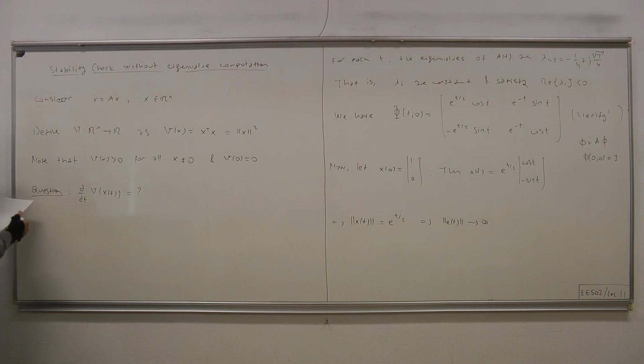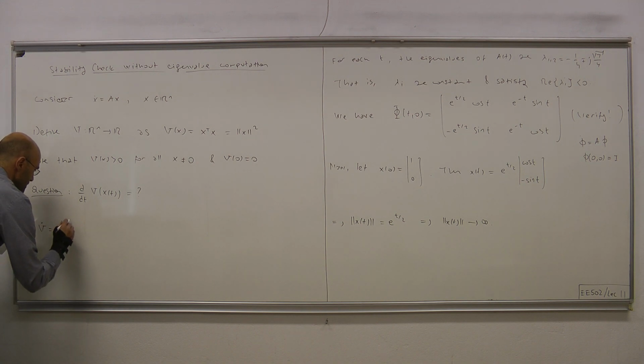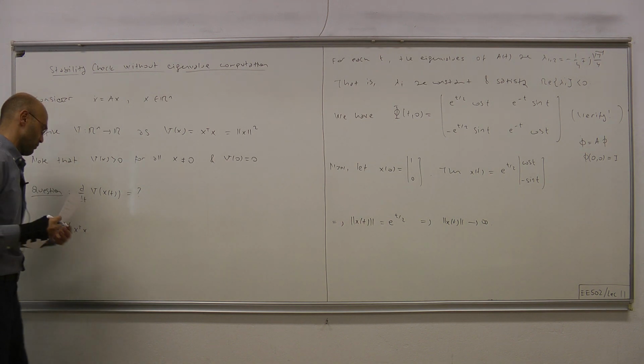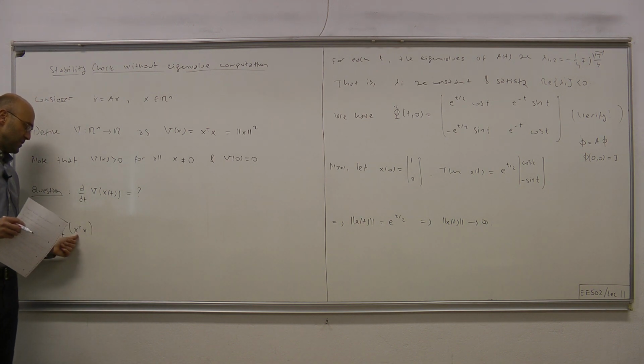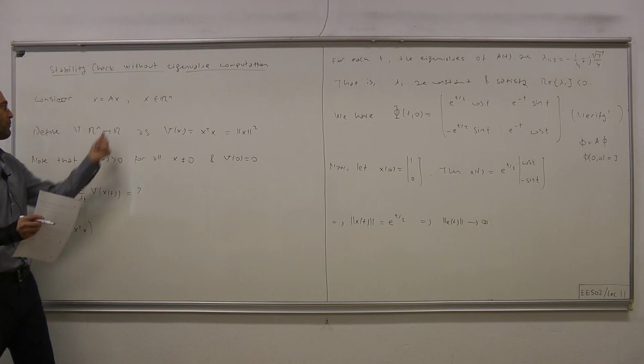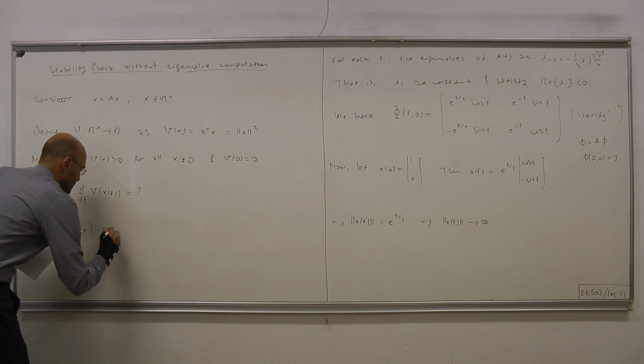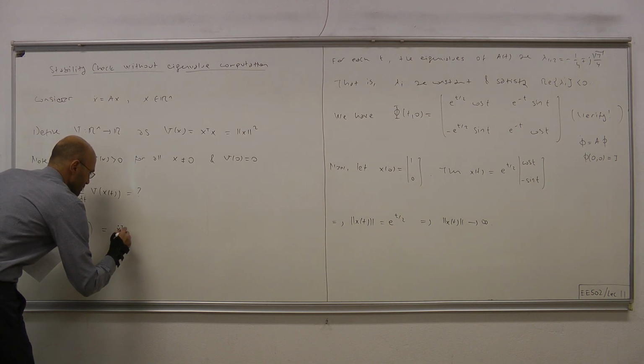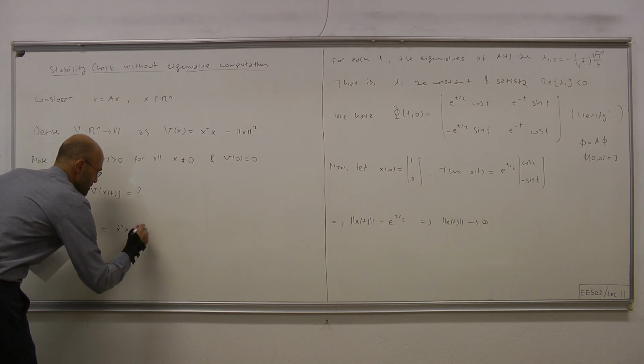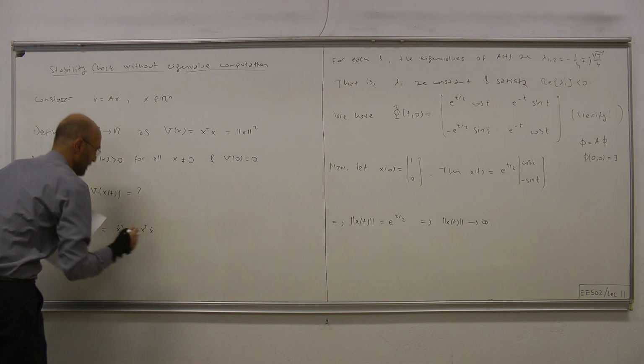So v dot equals d over dt of x of t transpose times x of t, okay? And now x is a function of time. It's x of t, the solution of the system. And that can be written as x dot transpose times x plus x transpose times x dot, okay?